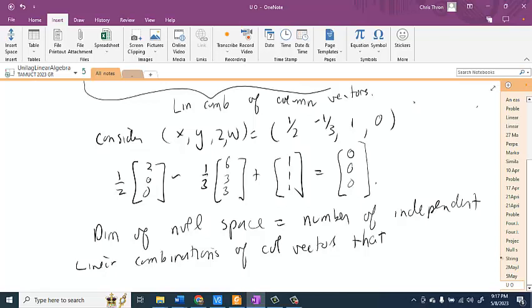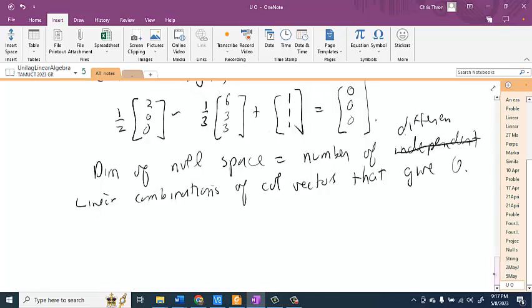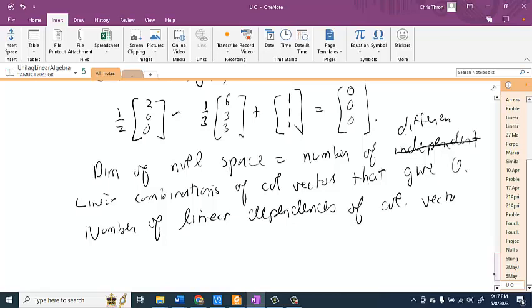I shouldn't say number, I should say number of different linear combinations of column vectors that give 0, because this is a linear dependence relation. So this is the number of linear dependencies of the column vectors. Each time I get a homogeneous solution, I can get a different linear dependence relation of the columns.